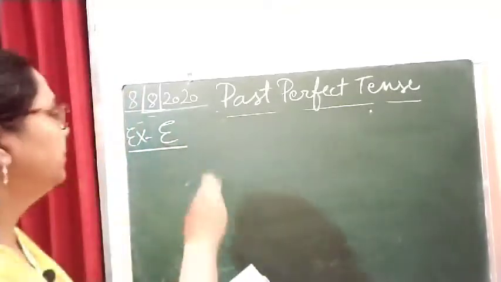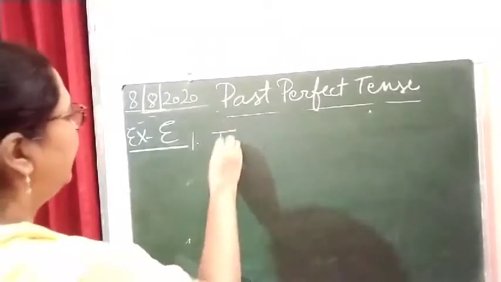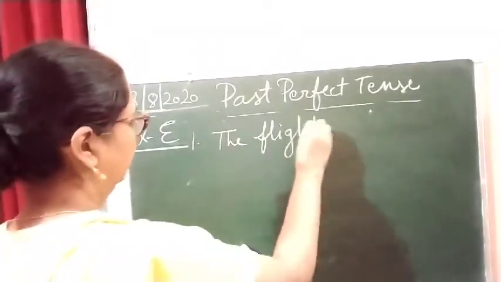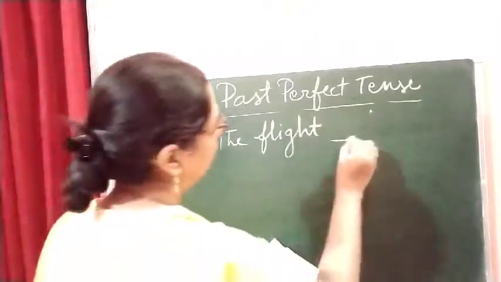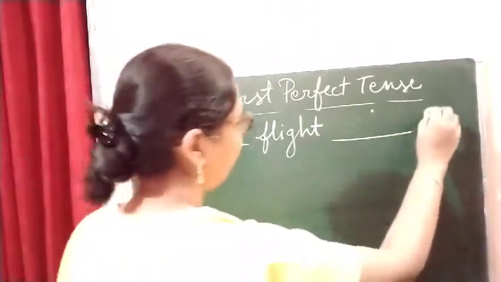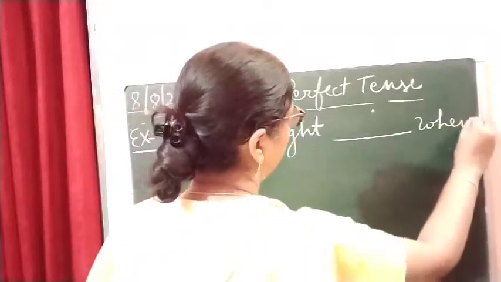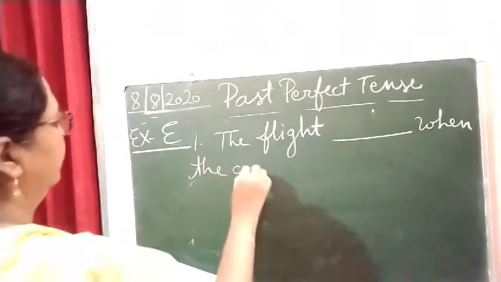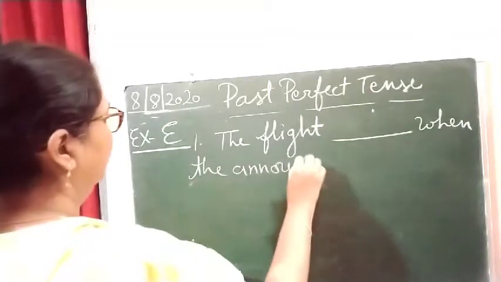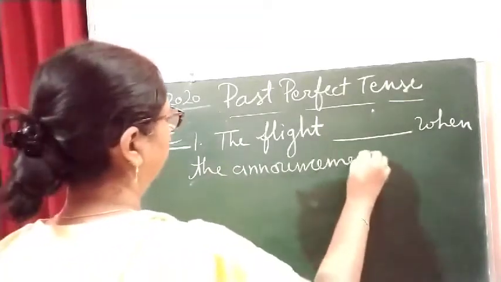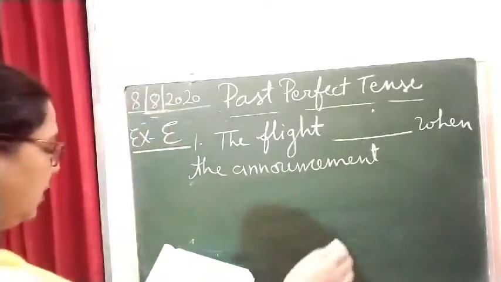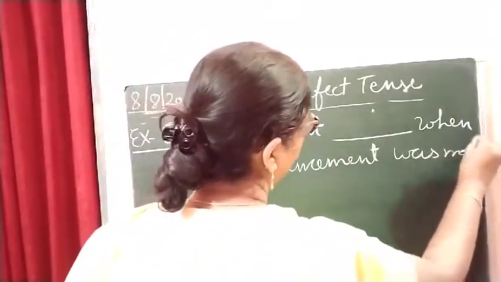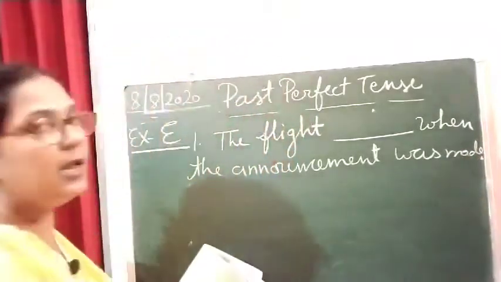Now in number 1, the flight, bracket, when the announcement was made, and in the bracket the verb is given: land.